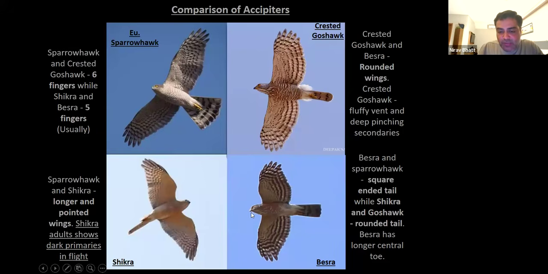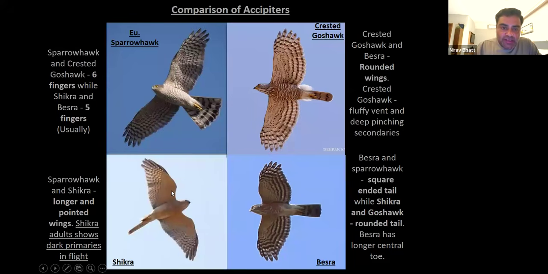We see a very small beak, prominent gala stripe, square tail, and rounded wings with more markings on the wings throughout. Shikra does not have that much prominent markings, at least in the adult. In juveniles, there are markings, but not as broad as the Besra.